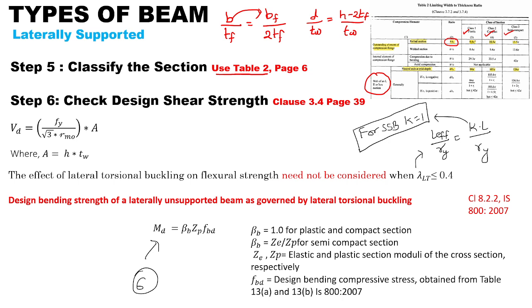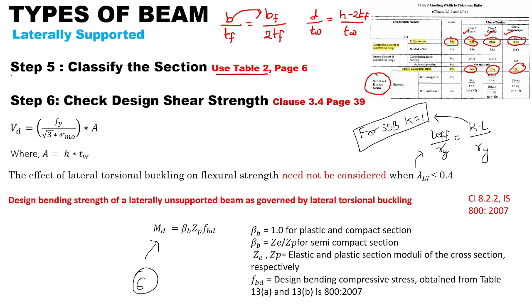If the value is less than 9.4, then it is plastic. If the value is less than 10.5, it is compact, and 15.7 semi-compact for the flange, and for the web the values are 84, 105 and 126.